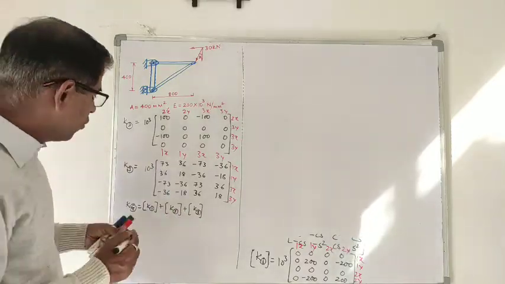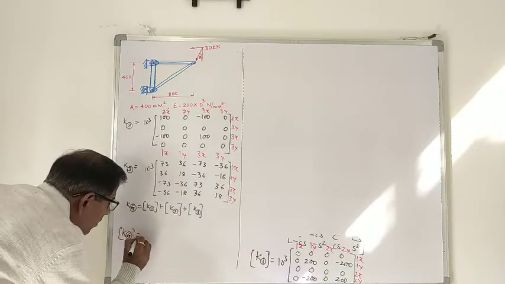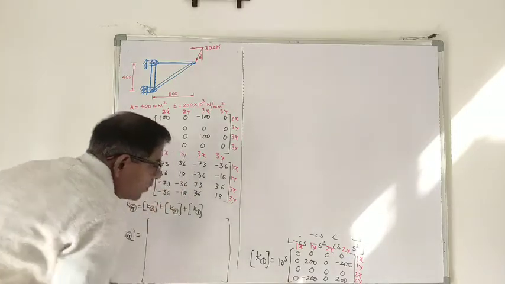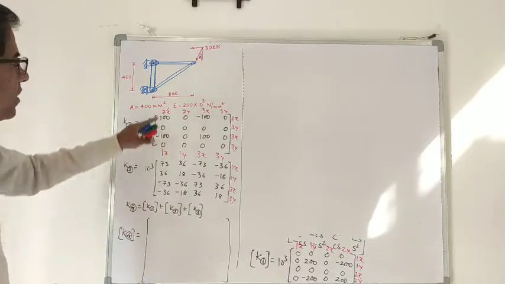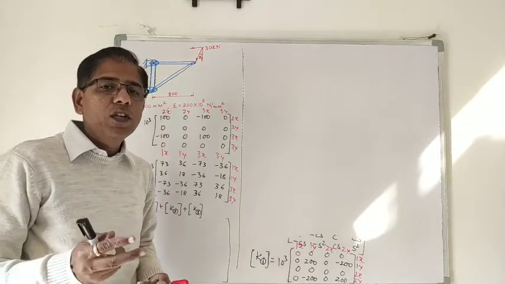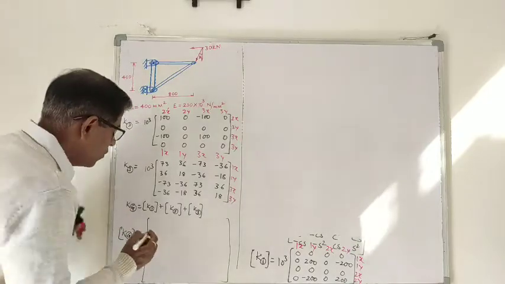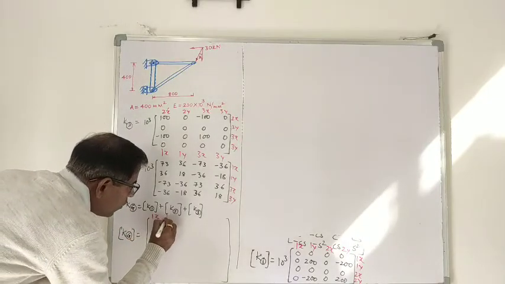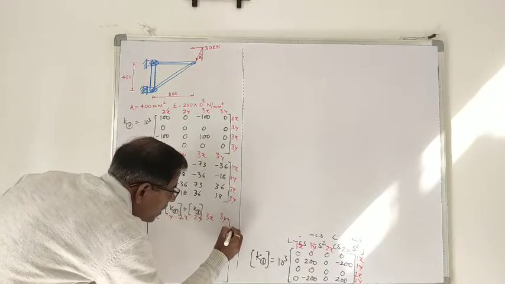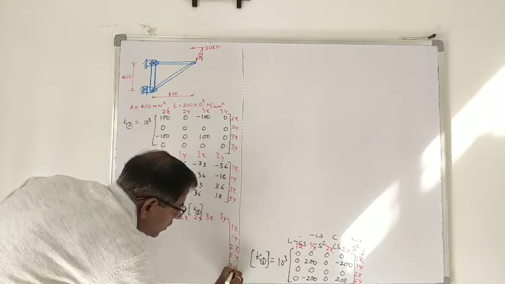Here there are 3 nodes, so the size of the global stiffness matrix Kg will be 2 into 3, that is a 6 by 6 matrix, and the row and column numbers will be 1x, 1y, 2x, 2y, 3x, 3y.